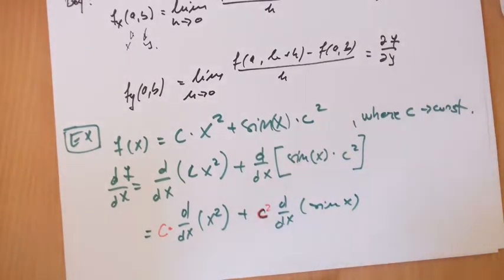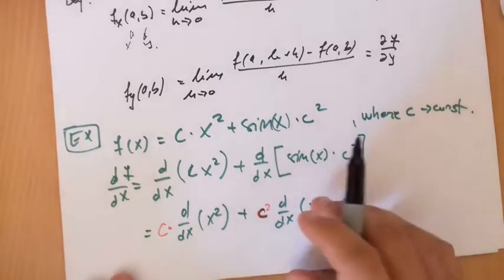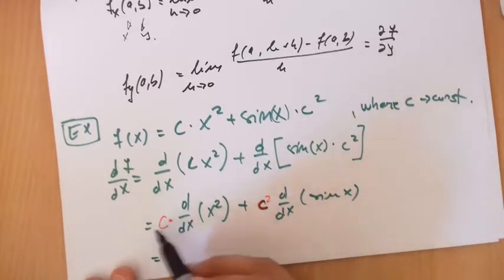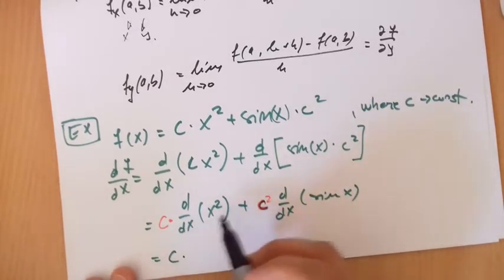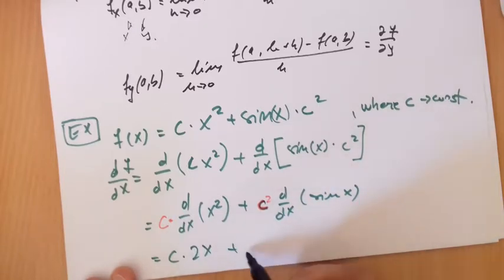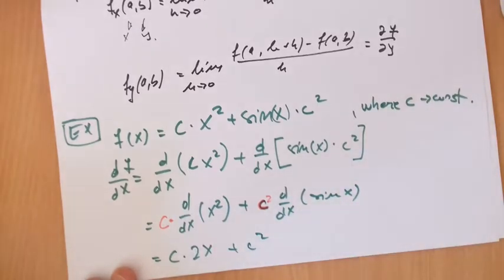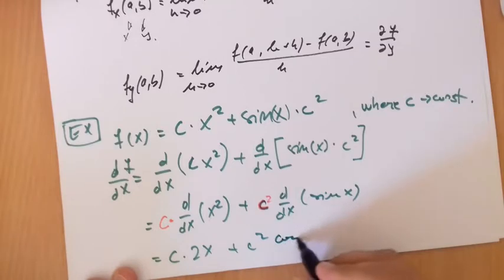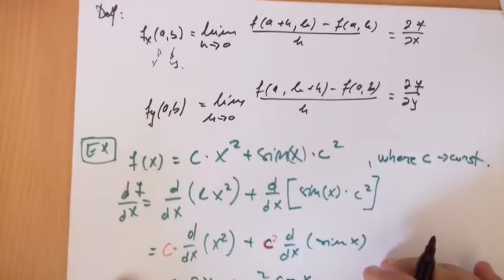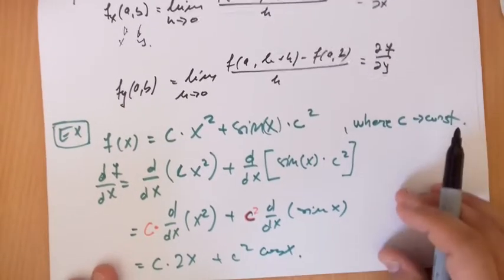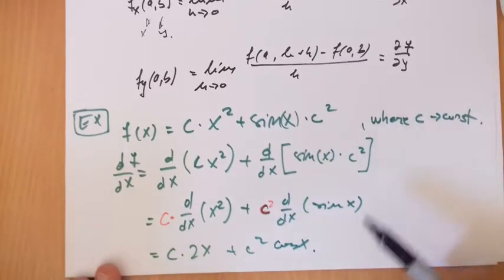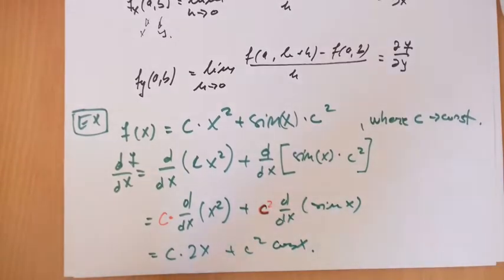So c times the derivative of x squared is 2x, plus c squared times the derivative of sine x, which is cosine x.